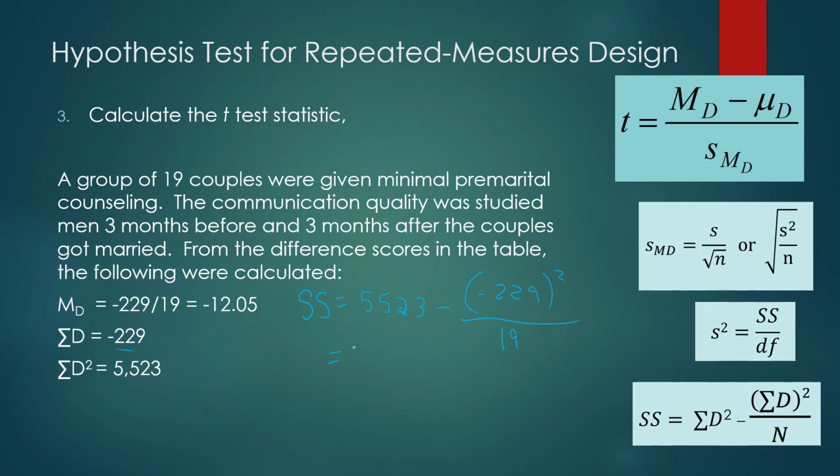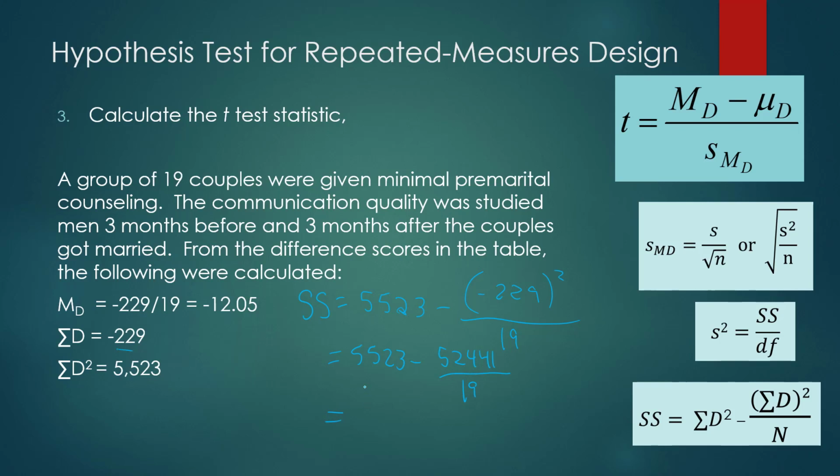That's going to give us 5,523 minus 52,441. That was 229 squared, which came to 52,441, over 19.